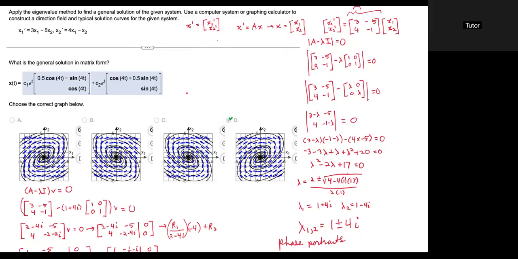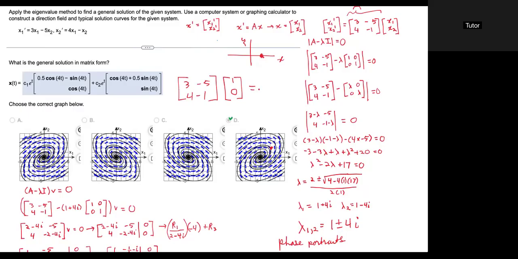We can check certain points by using the A matrix, which was 3, -5, 4, -1, and pick a random point in the XY system. Let's pick 1, 0 because it's just such an easy point, and 1, 0 on the XY Cartesian coordinate will be equal to 1 and then 0. So it'll be this point over here.